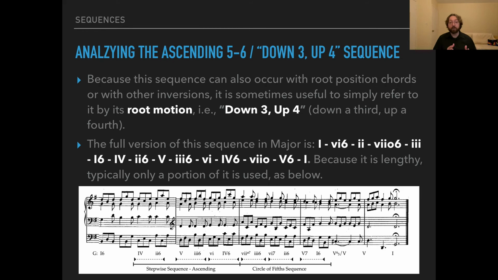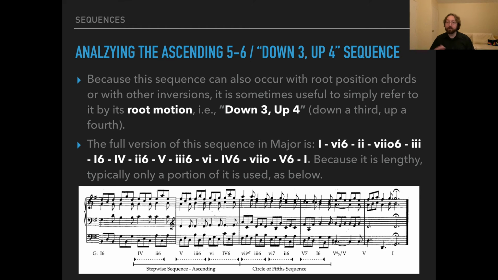If we start with the first leg of the ascending stepwise sequence, we have a 4, going down a third in terms of root motion to a 2, then going up a fourth in terms of root motion to a 5.